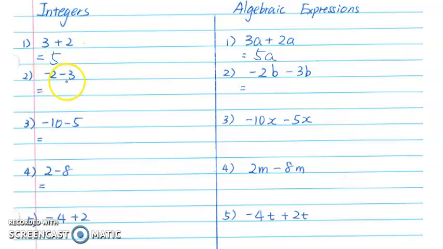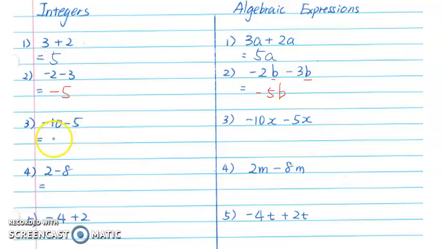Next we have negative 2 plus negative 3. If I borrow $2 and borrow another $3, I borrow altogether $5, so it's negative 5. We apply this to the same one here: negative 2b and negative 3b. Both are like terms, so I can combine them together. Therefore, this is negative 5b.